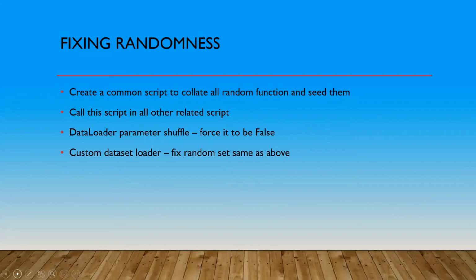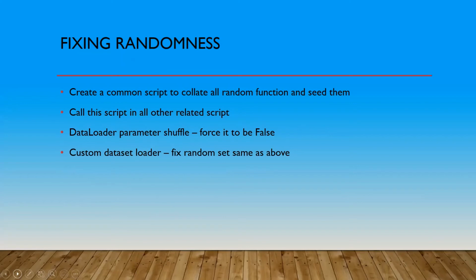And if you have any custom DataLoader designed, a lot of the time PyTorch does not expect us to write a custom DataLoader to load the data to the model, but if you are using any randomness there, we have to fix that explicitly too, seeding it with the same constant. I'm going to show you the code in a few seconds.